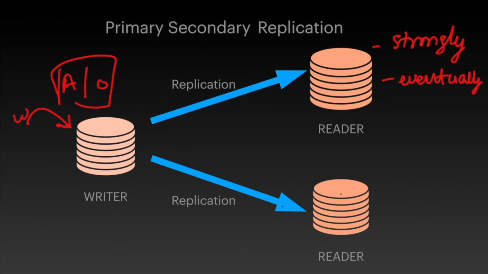The client will wait till all the readers update their value to a is equal to 0. Once all the readers, or the majority of the readers, have updated their records, the writer will respond back to the query. This type of system is strongly consistent, because if we read from any of the readers, we will get the latest updated value.